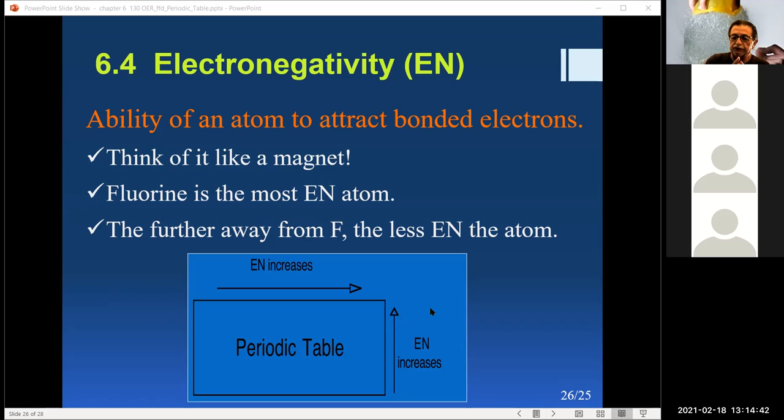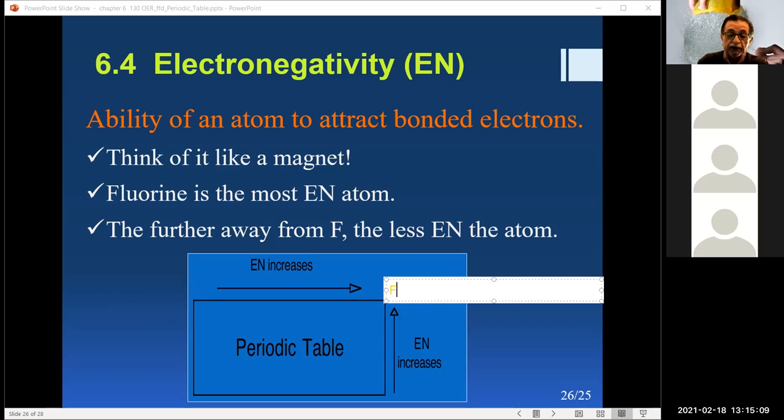Electronegativity is the ability of an atom to attract bonded electrons. Bonded electrons. Now, fluorine is the most electronegative element in the periodic table. And so it being the most electronegative, we're going to put it right there, and that's fluorine.